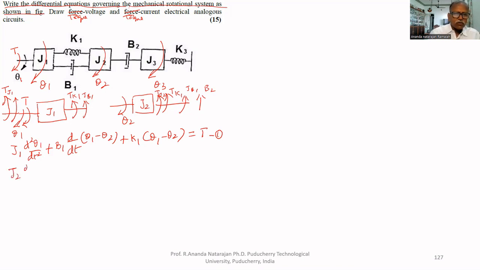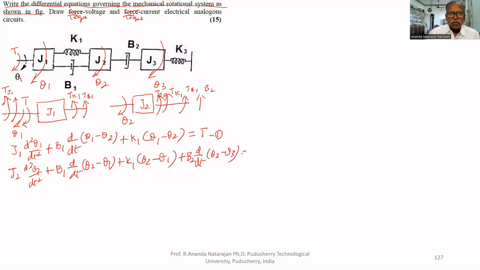Therefore, J2 d square theta 2 by dt square plus b1 d by dt of theta 2 minus theta 1 plus k1 theta 2 minus theta 1 plus b2 d by dt of theta 2 minus theta 3 equal to 0. That is the second equation.